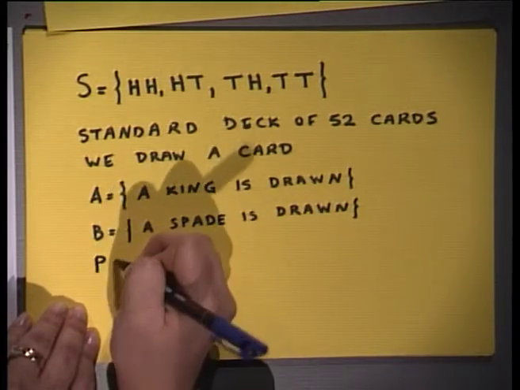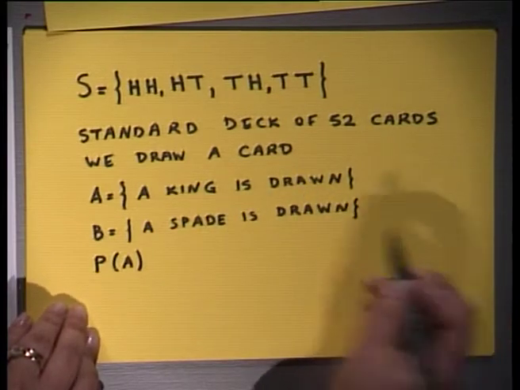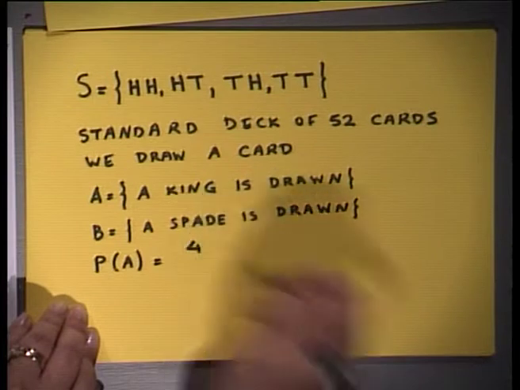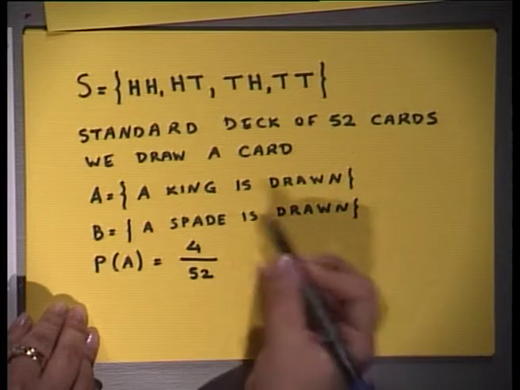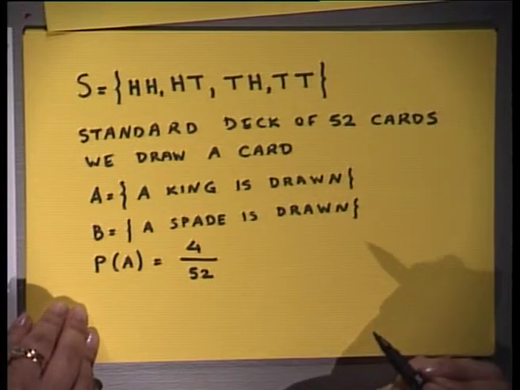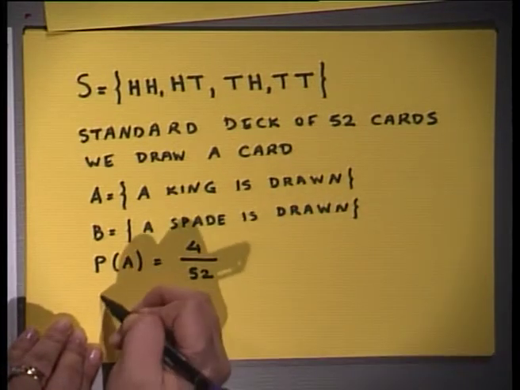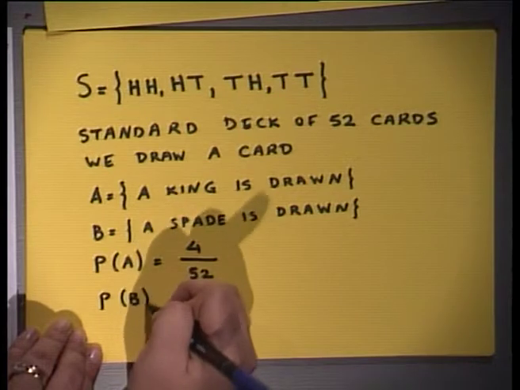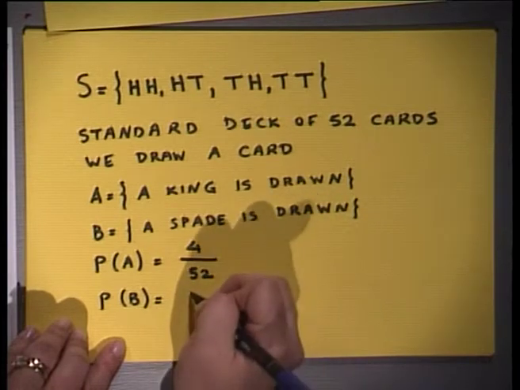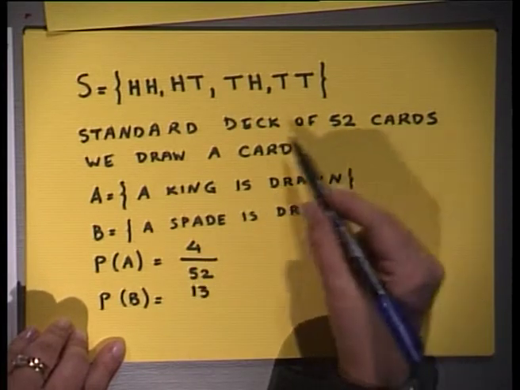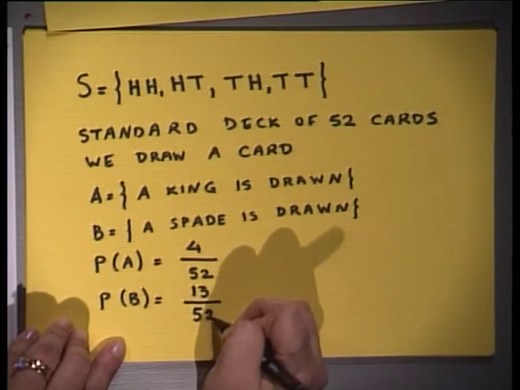We calculate the probability of A that a king is drawn. We have 4 kings in the 52 cards, so we have 4 out of 52 probability of drawing a king. The probability of B, the probability that a spade is drawn: we have 13 spades in the deck, so 13 out of 52.